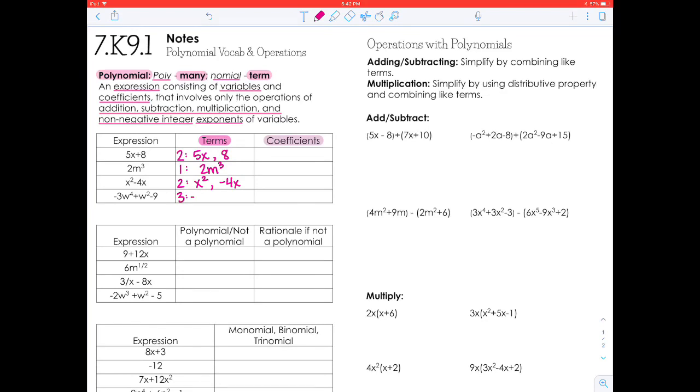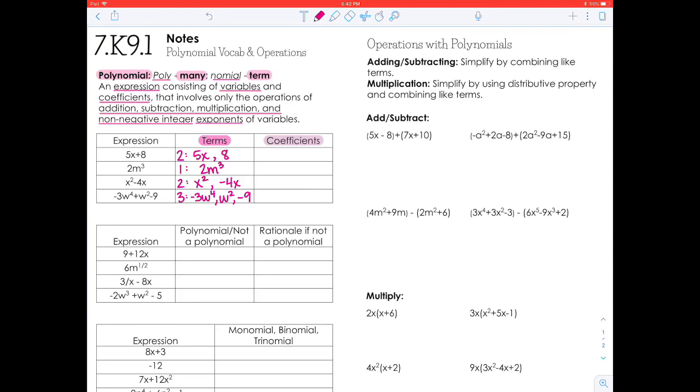First, it's the negative 3w to the fourth power. That's all together. Then we've got w squared. And then we have negative 9. Okay, so that's how we break up a polynomial expression into the amount of terms that it has.